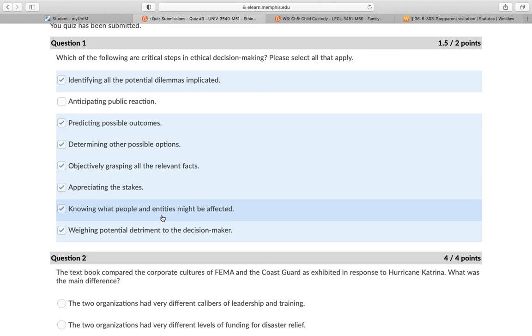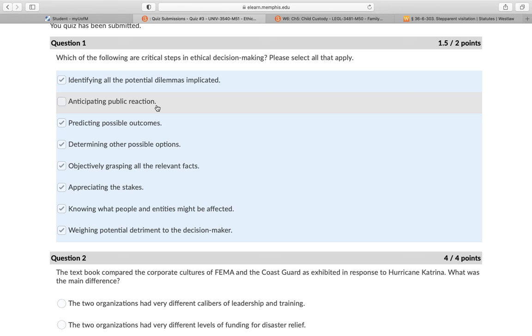Understanding alternatives, determining other possible options. That's what I chose to follow that one. Considering how others will judge your decisions, predicting possible outcomes. Anticipating public reaction, now I can kind of see how that correlated with considering how others will judge your decision, but I believe I chose this answer choice on a previous quiz, and I don't think that was necessarily the right one.